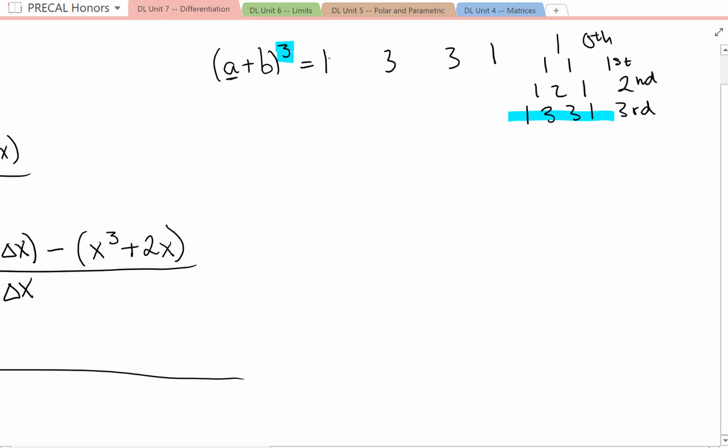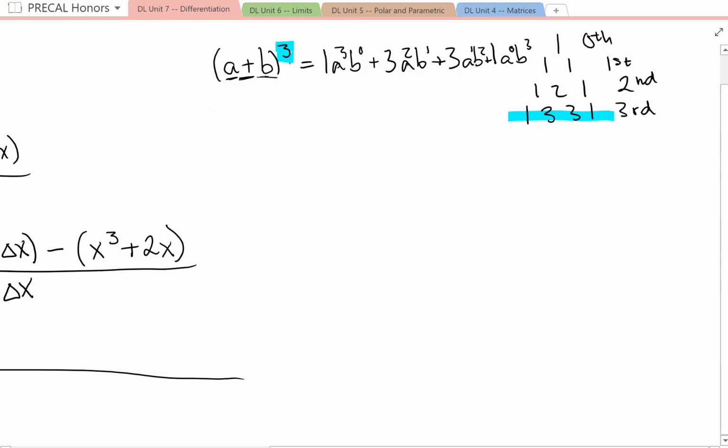The first term is a, so that will be to the power of 3, which means b is to the power of 0. Now a descends and b ascends, so a squared times b to the 1. A to the 1 times b squared. And a to 0 times b cubed. All of these are adding because it's a sum here.